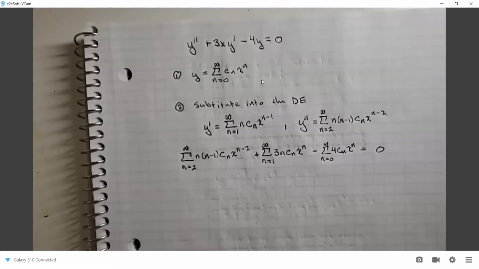Okay, so what on earth do we do with this mess? What's going on here? We want the x's to all be to the same power, and the sums to start at the same n value.